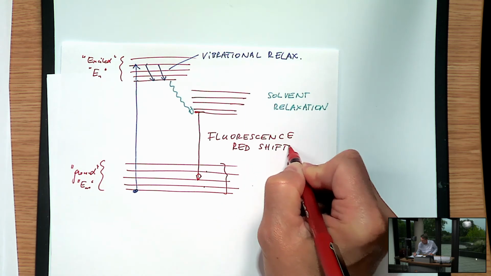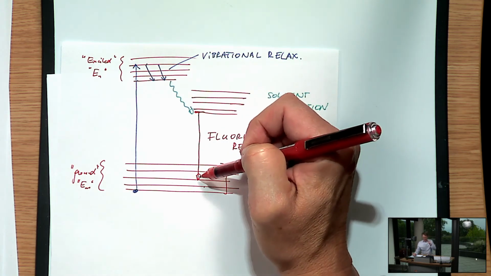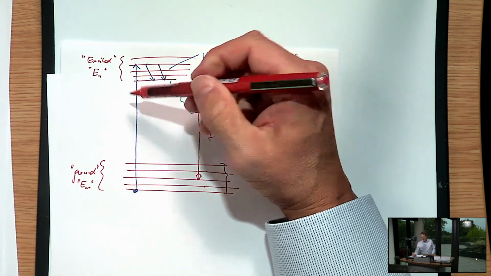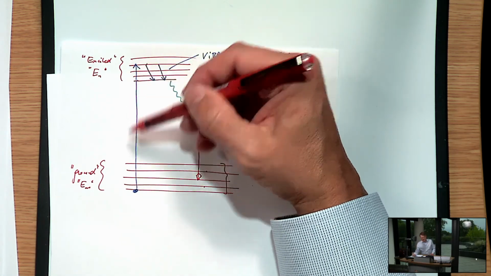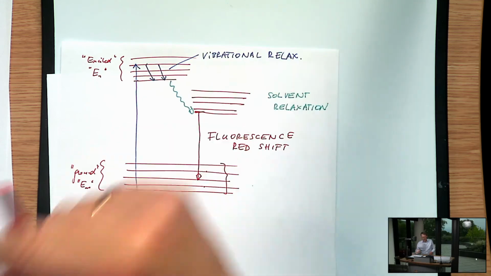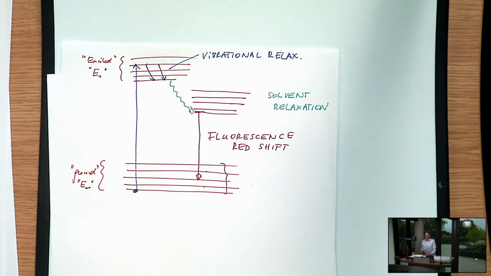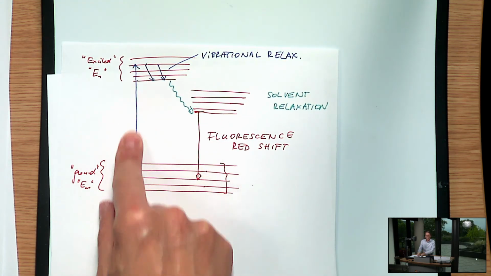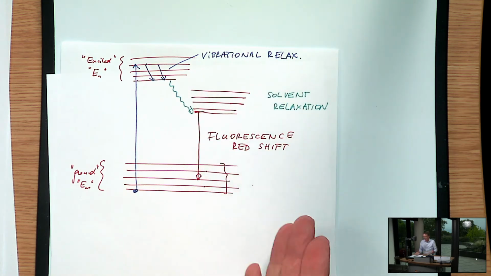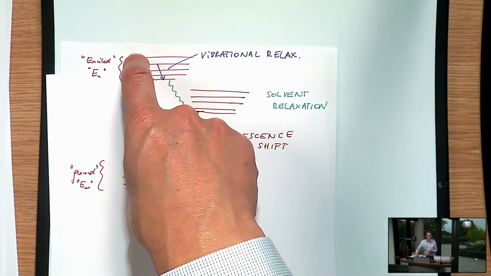The photons that come back as signal are lower in energy than the photons that you excite the molecules with. That redshift turns out to be super useful because it means you can discriminate the signal from the excitation beam by putting in a filter that passes this color but doesn't pass this color.